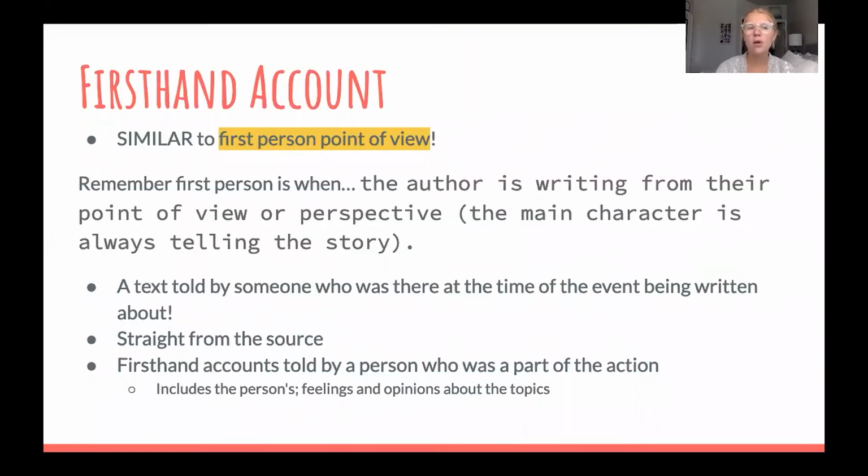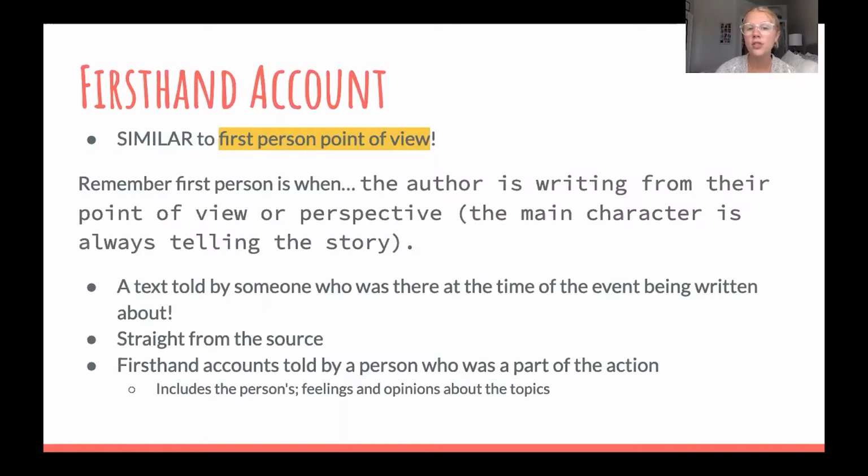Let's start off by going over a firsthand account. Firsthand accounts are similar to first-person point of view. So firsthand accounts are similar to a text that is being told to us in first person. They are not exactly the same, but they are similar.